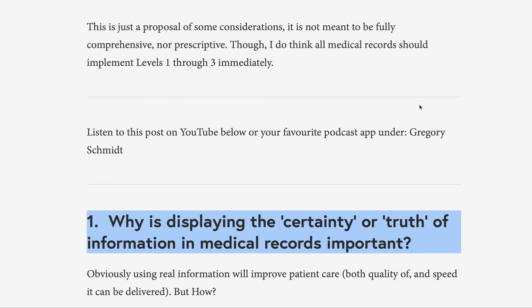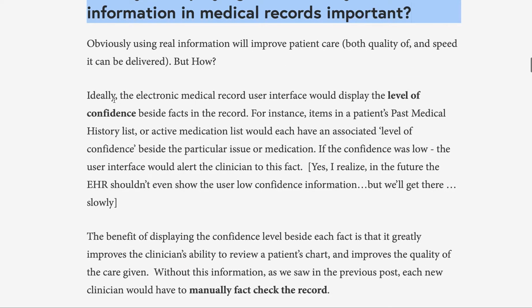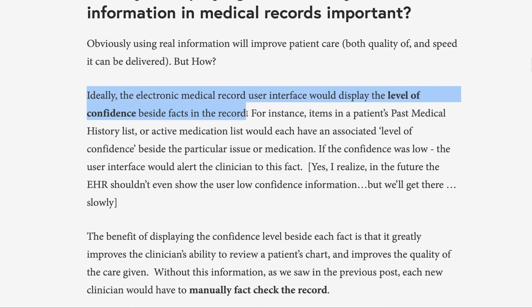Well, the first part is that the electronic medical record user interface would ideally show the level of confidence beside a fact in the medical record. For instance, beside an item in the past medical history or beside an active medication listed, there would be some sort of a way to associate a level of confidence beside that particular issue or medication.